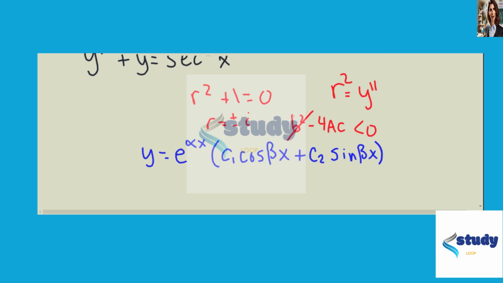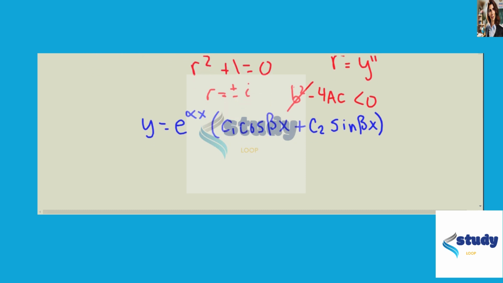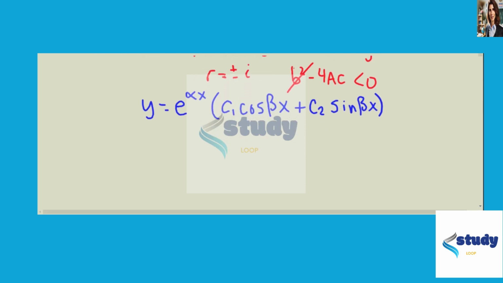And in our case, it's going to be c1 times cosine x plus c2 sine x.